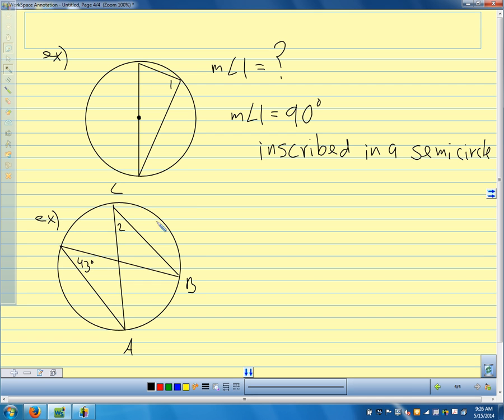That's angle 2. And that's 128 degrees. And we want to find the measure of angle 2. But what's the measure of angle 2? Is it 43?